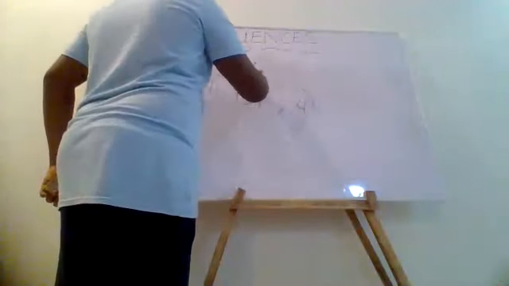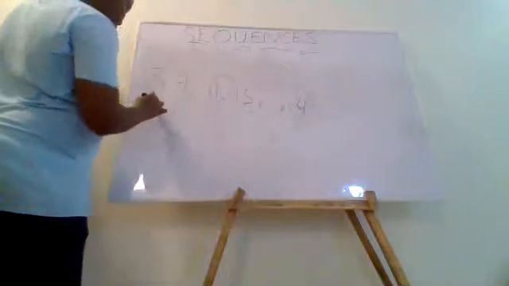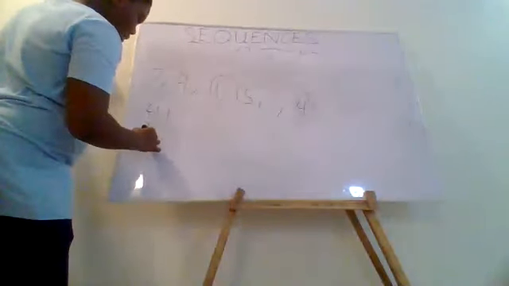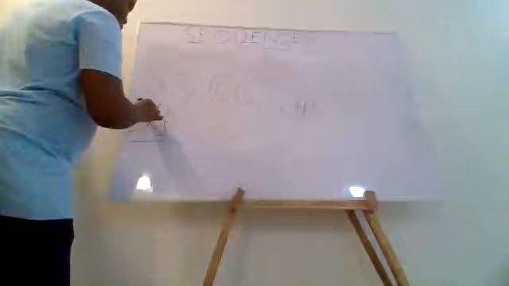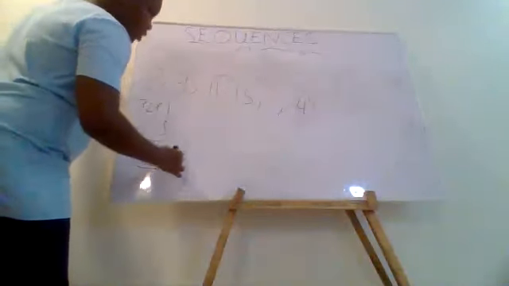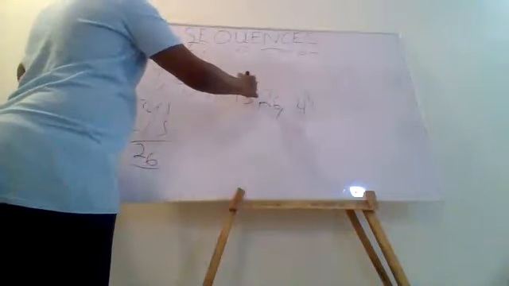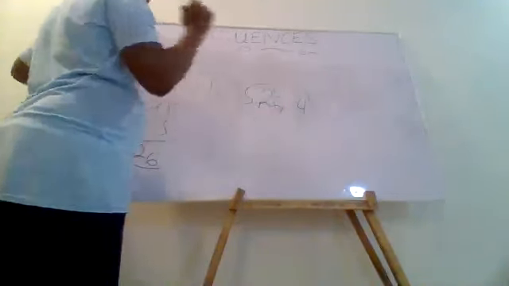Then we subtract 15 from 41. So 41 minus 15 is 26. So that's how you find this. And to make it true, 26 plus 15 is 41.